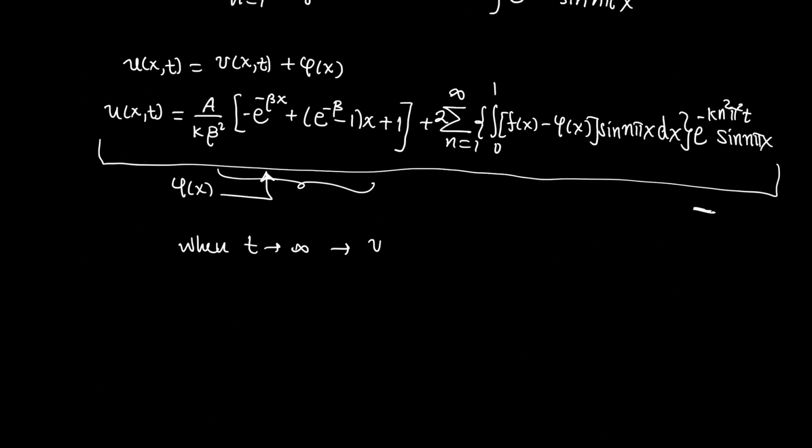Then you just have that u x t approaches phi x. So phi x is your steady state solution, because after a very long time the Fourier term part vanishes, and you just end up with the phi part. So that's your steady state solution.